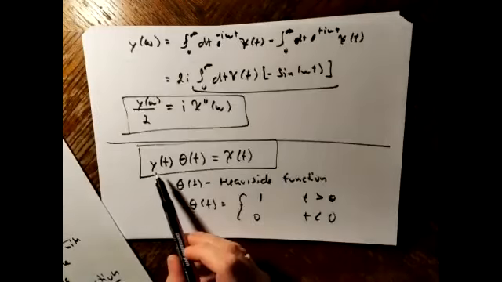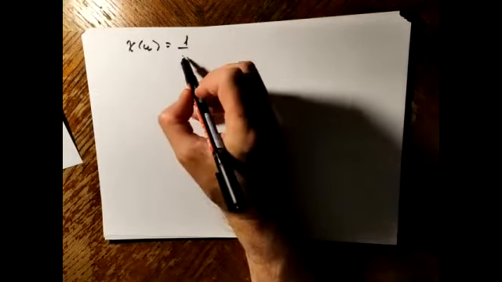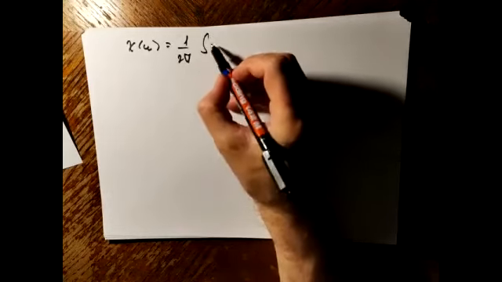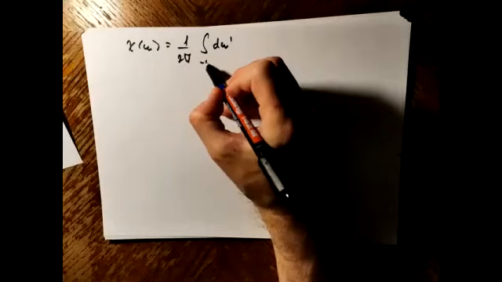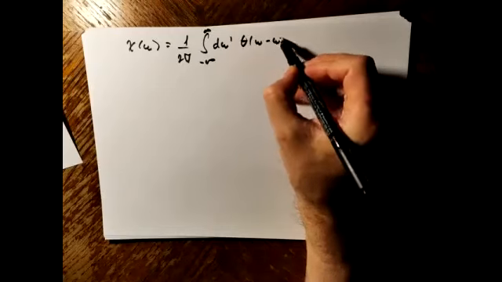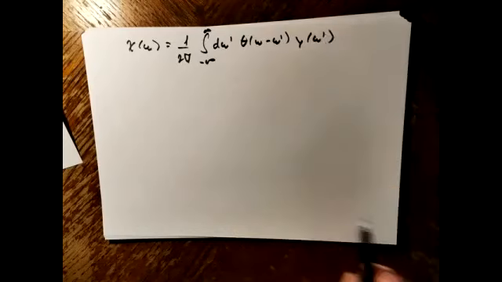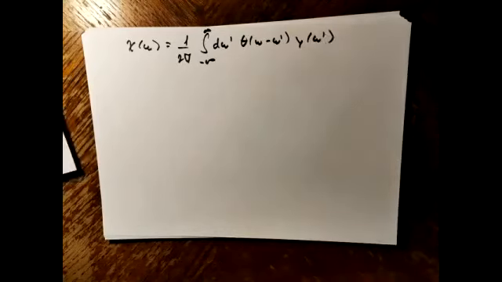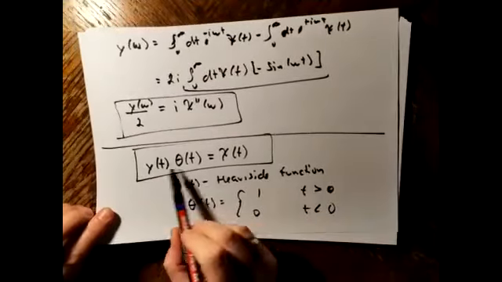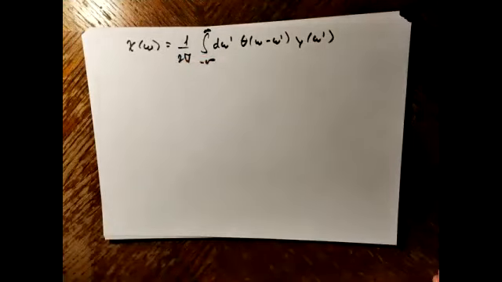And this is what you could say is an inverse convolution, because based on this, you can write that for the Fourier transforms, it should hold that this is 1 over 2 pi, the integral d omega prime from minus infinity to plus infinity, theta of omega minus omega prime times y of omega prime. So from this equation we inverted the convolution by writing it in frequency space.